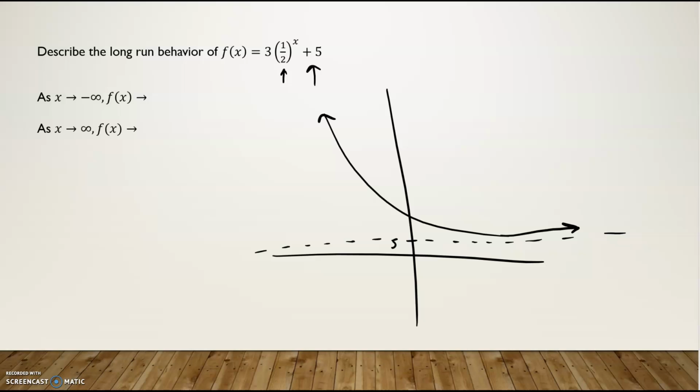And we don't have a negative in front of the function, so it hasn't been reflected, so we don't have to worry about flipping it. Okay, so as x is going to negative infinity, what's our function doing? Well, it's going up to positive infinity. As x goes to positive infinity, what's our function doing? Well, it's getting closer and closer to 5. And that's it.